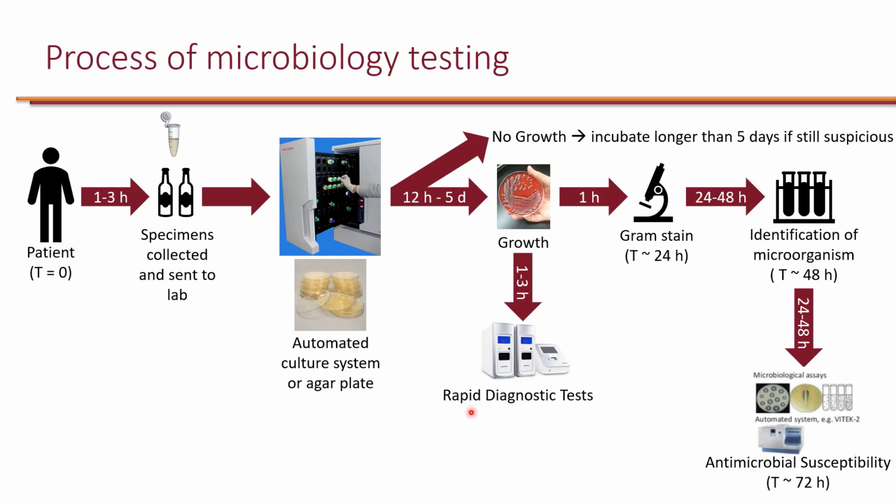Now the problem is these diagnostic tests are limited to only a select few organisms, so they're not comprehensive of every possibility. So it's not a replacement for the traditional process.